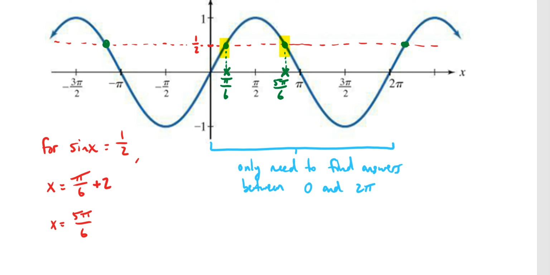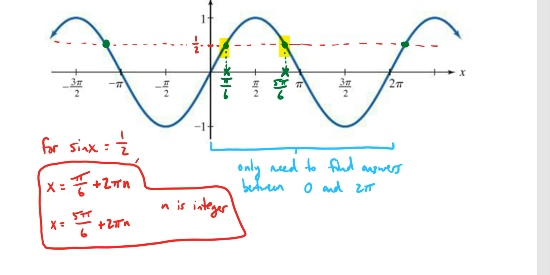The way we do that is to say plus 2 pi times n, where n is an integer. So n represents any positive or negative whole number. This is how we write all of the solutions to this equation. Sine of x equals 1/2: all solutions are x equals pi over 6 plus 2 pi n, and x equals 5 pi over 6 plus 2 pi n, where n is any integer.